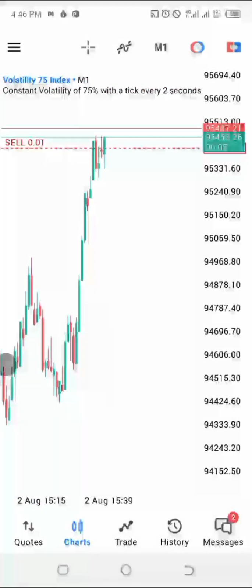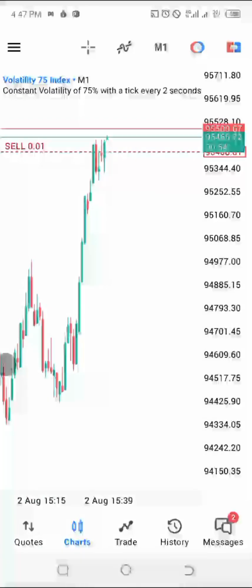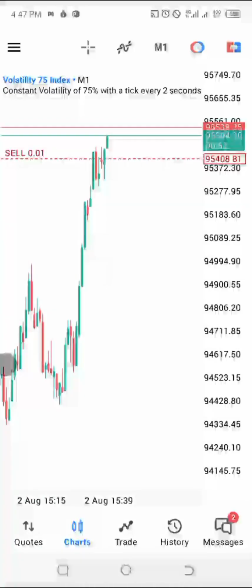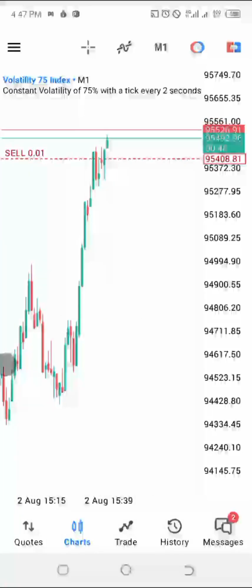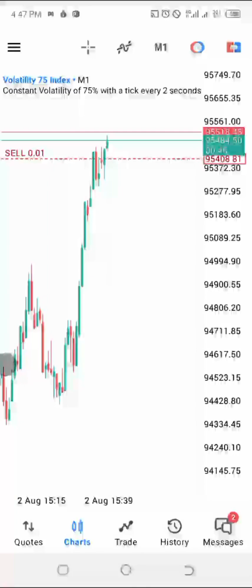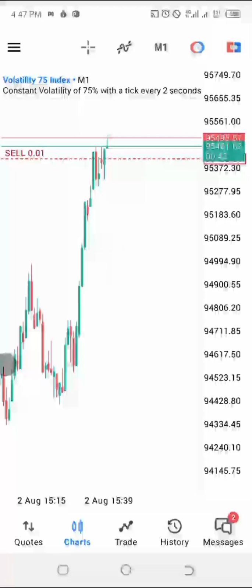So let's assume that I want to risk only 15 pips. In currency pairs we used to use the word pips, and you can also use pips here, but most times it is called points. So let's assume that in this trade right now, I want to risk only 15 pips.